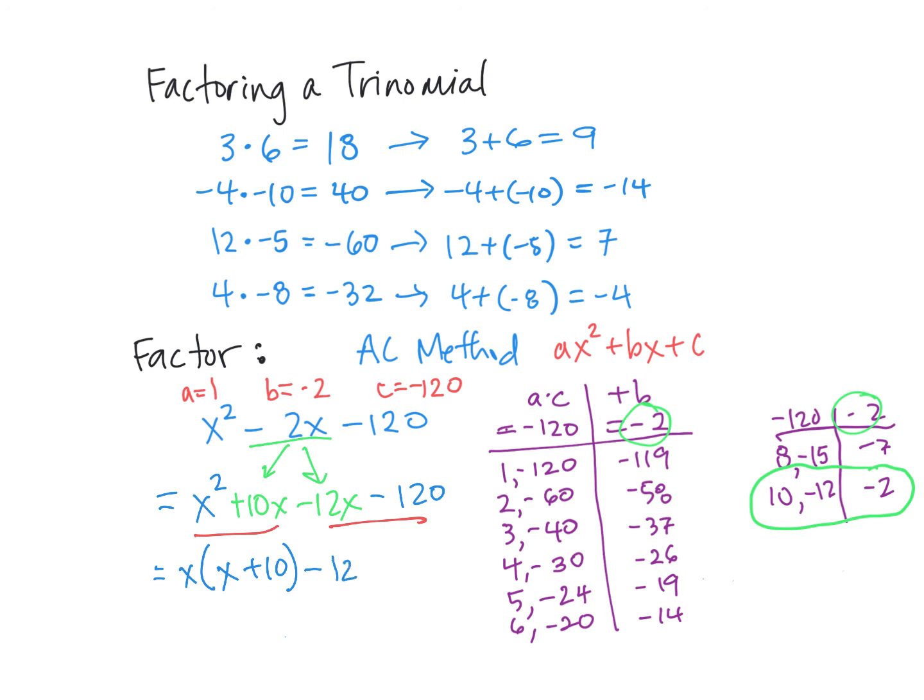So if I divide both those terms by negative 12, negative 12x divided by negative 12 is positive x, and negative 120 divided by negative 12 is positive 10. Did I get a match? I did. The x plus 10s match up. So x plus 10 is a GCF, and what's left behind is the other x minus that 12.